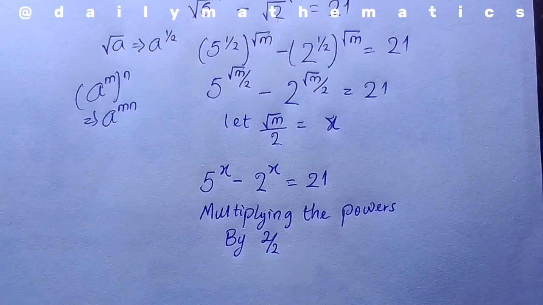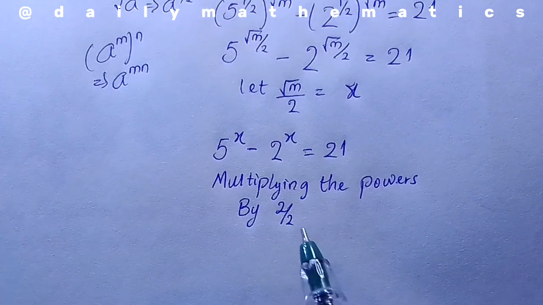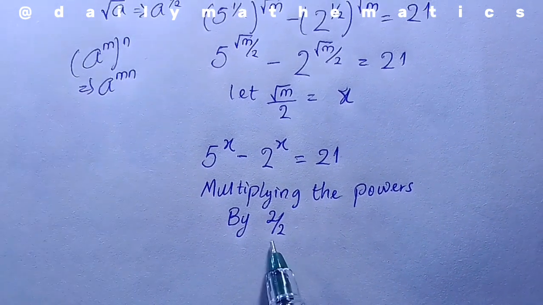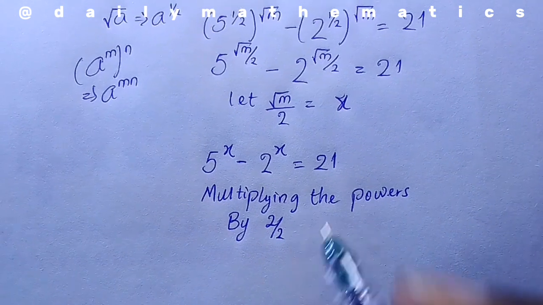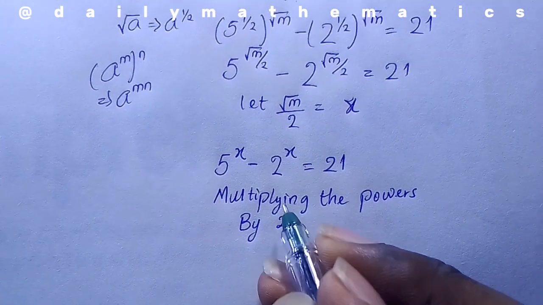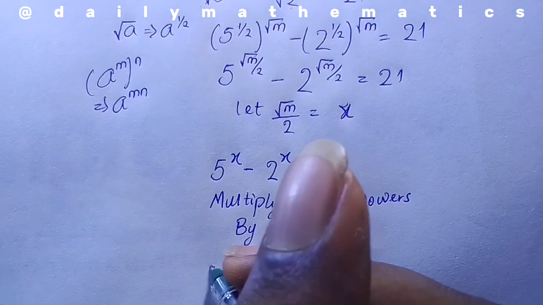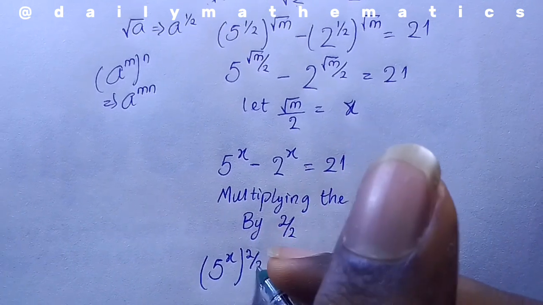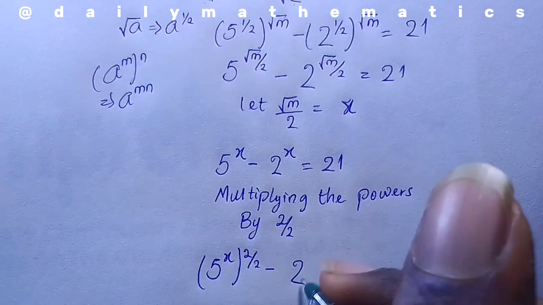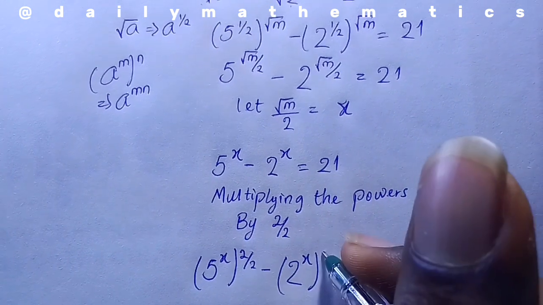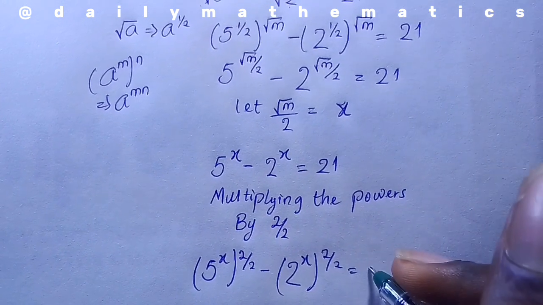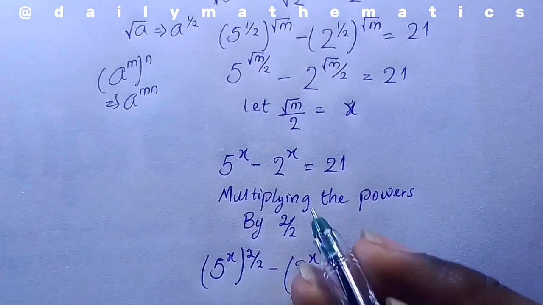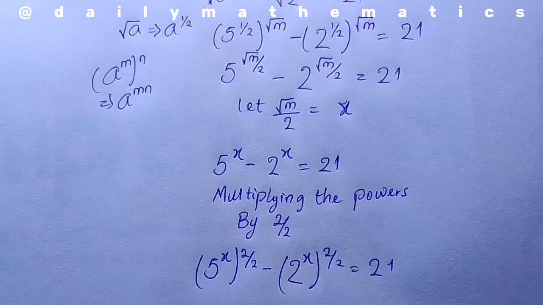You can use any number of your choice, such as 3 over 3 and do cube roots, but I want to use 2 over 2 because it will give me a lesser number. And 2 over 2 is still equal to 1, so it's still the same. So we say 5 raised to the power of x multiplied by 2 over 2, minus 2 raised to the power of x multiplied by 2 over 2, equals 21. 2 over 2 is still 1, so it's possible, right?